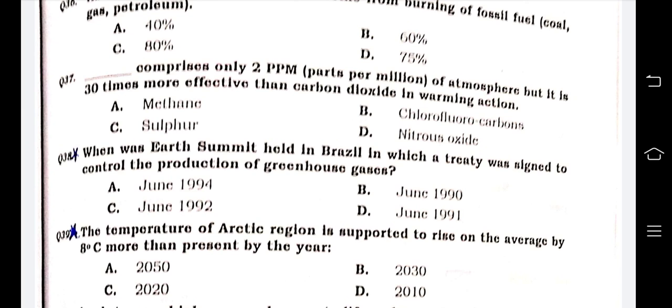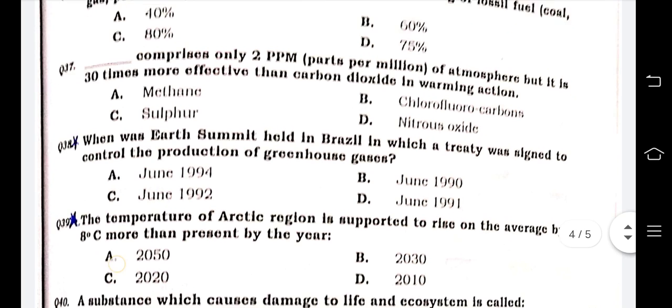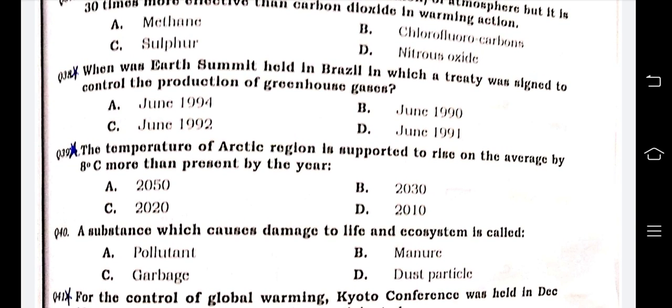When was Earth Summit held in Brazil, in which a treaty was signed to control the production of greenhouse gases? Treaty was signed in June 1992, to control the production of greenhouse gases. The temperature of Arctic region is supposed to rise on the average by 8 degrees centigrade more than present by the year.